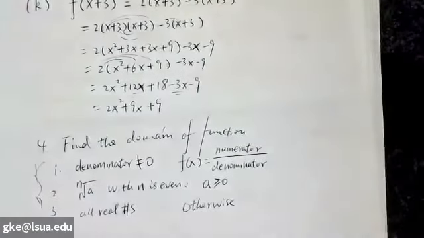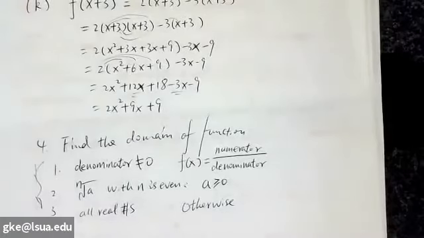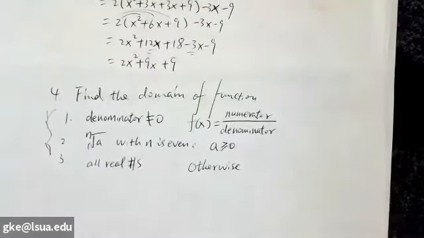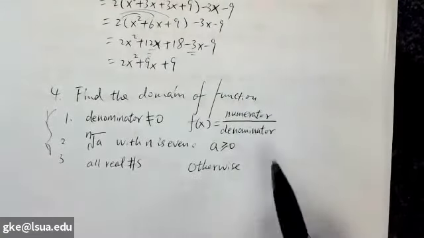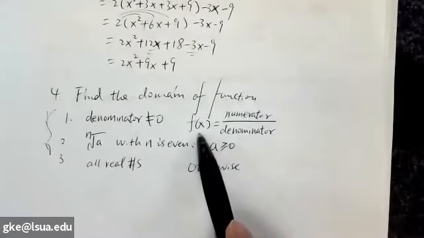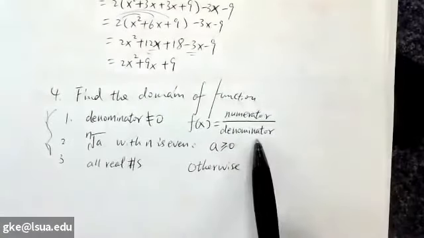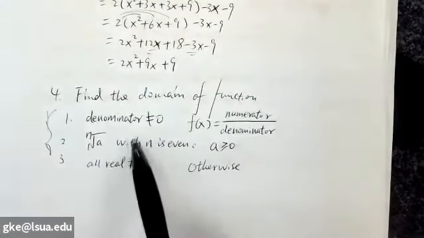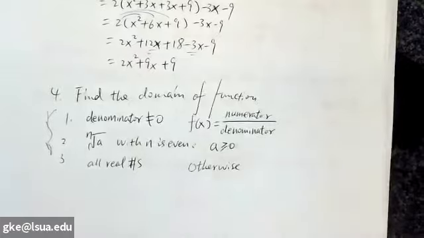Okay, so I gave you guys the general idea about the domain. We have 3 scenarios. Yes, we have the fraction. If we have a fraction for the function f of x, that means the denominator doesn't equal 0.